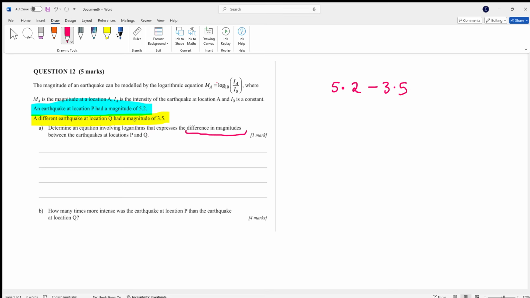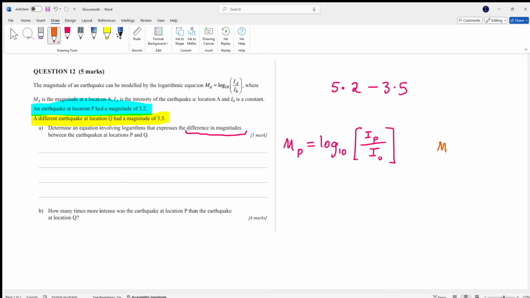Now, if I were to work out an expression for each of the magnitudes, for example, the magnitude at location P is equal to log 10 of the intensity at location P divided by that constant there. All I've done is replace the letters in this formula to match location P, and you would do the exact same thing with the other one as well.